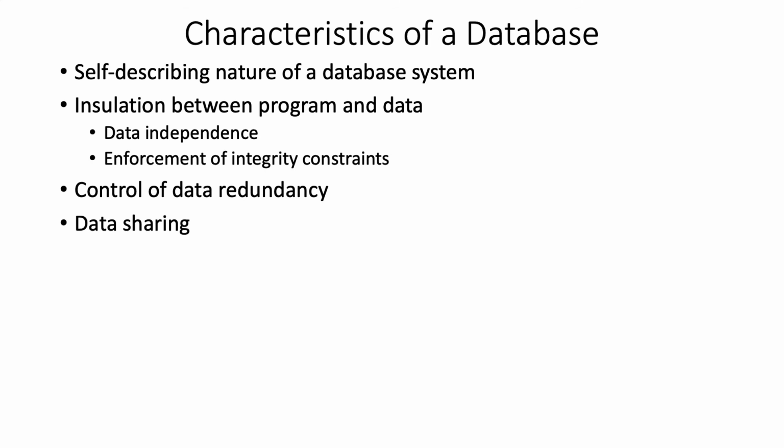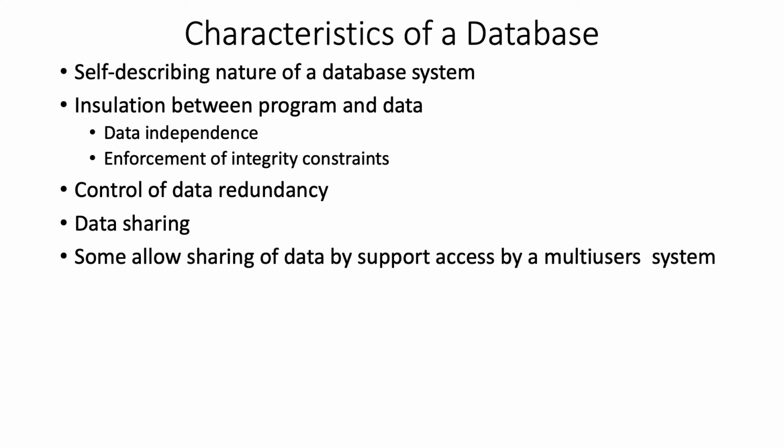And data sharing, so that people from the payroll department and from the front desk, many different people can come in and get to the same data rather than having all these silos with the data duplicated all over the company or the household. Some allow sharing of data to support access by a multi-user system.